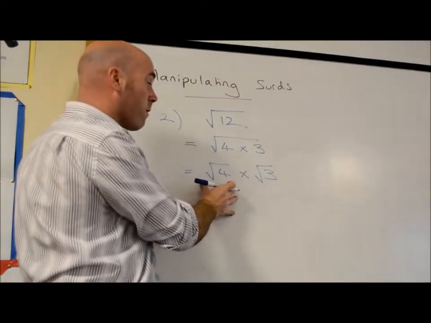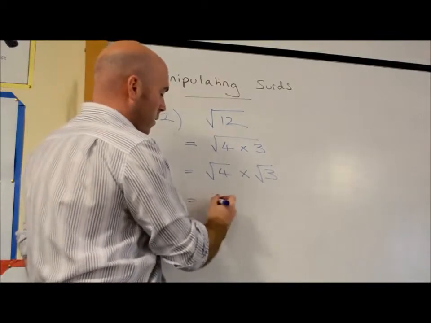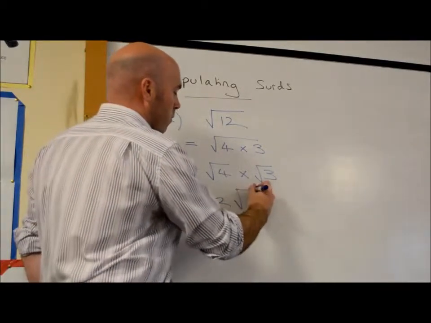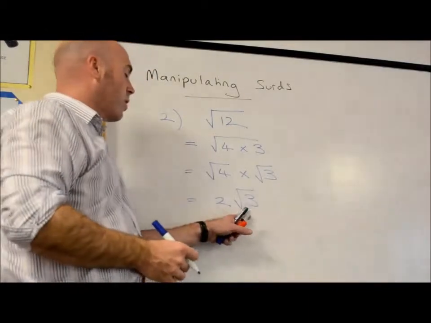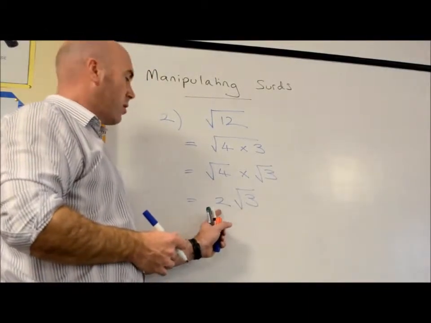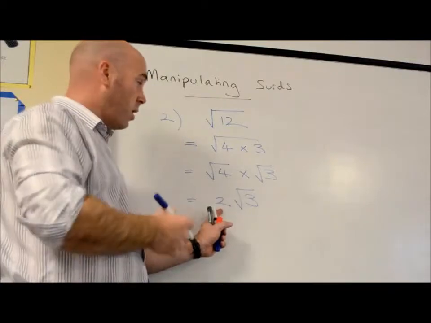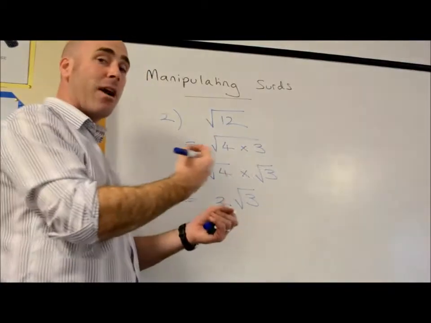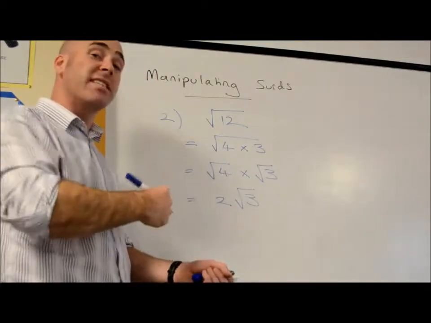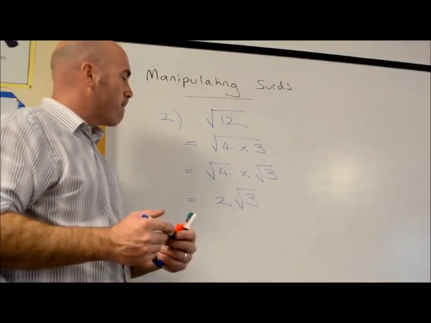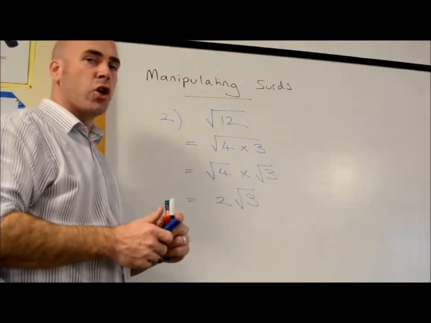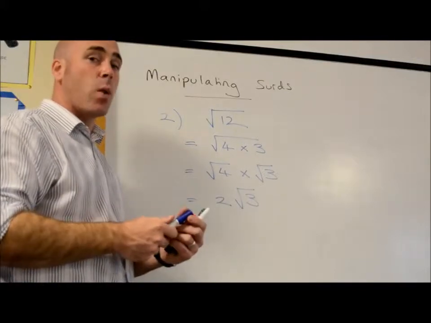The square root of 4 is 2, so you write it as 2 root 3. We've minimised the number under the square root sign. We've got an integer coefficient, if you like, which we got by pulling out a factor of 12 which is a square number, and that factor is 4. That's essentially what you're looking at: pulling out a factor which is a square number.